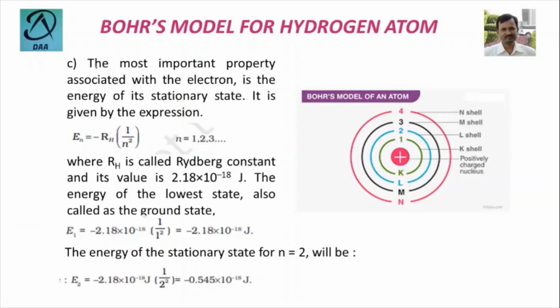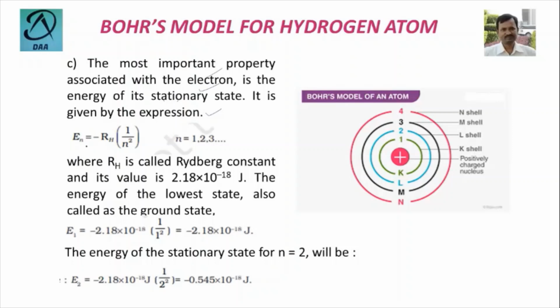Now point number C. The most important property associated with the electron is the energy of its stationary state, and it is given by the expression. This equation is put by Rydberg, whatever we explained previously during the explanation of electromagnetic radiation.